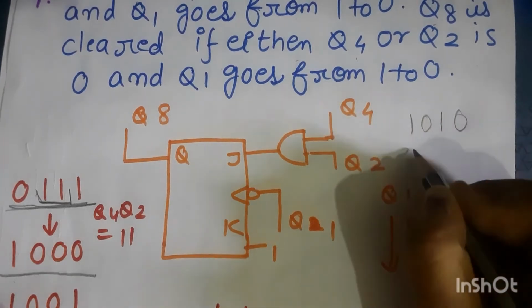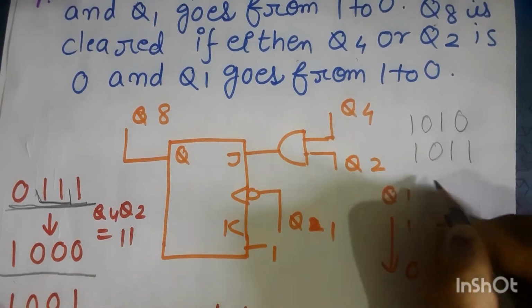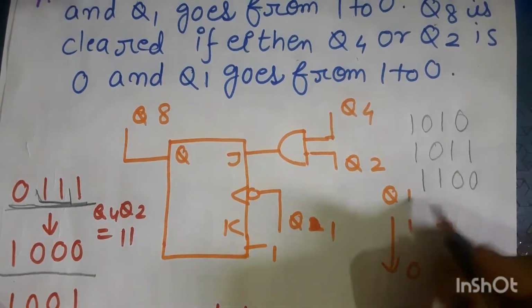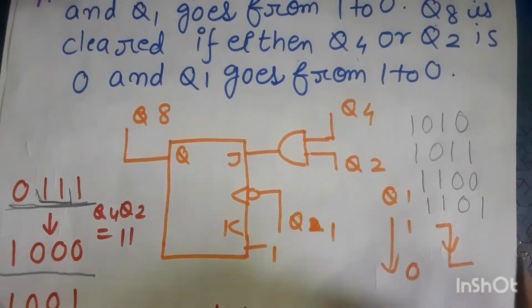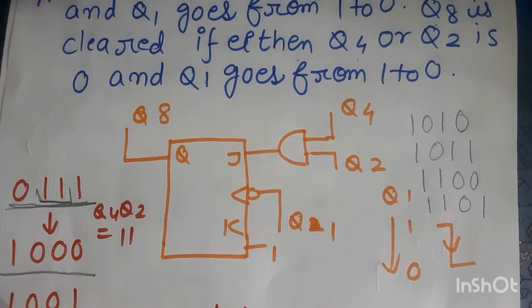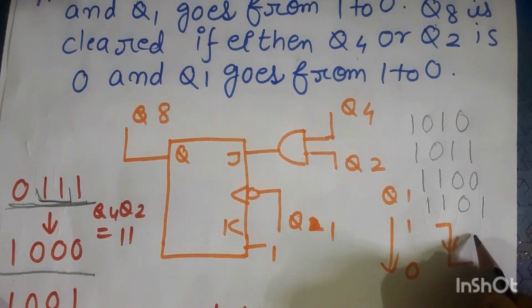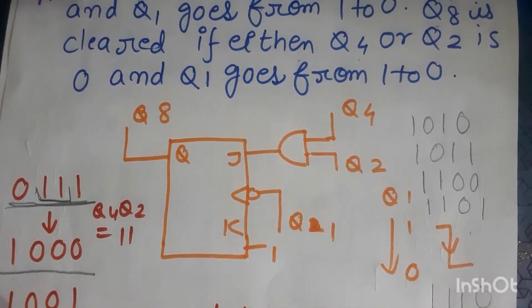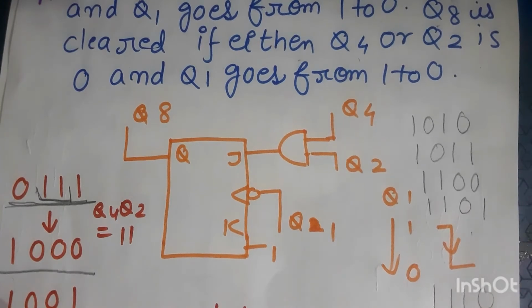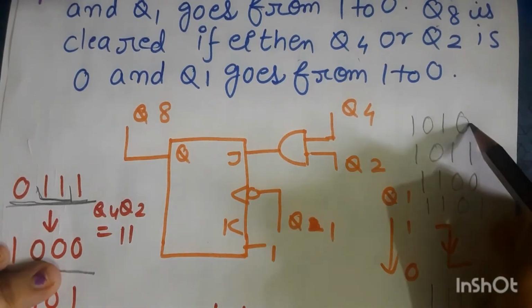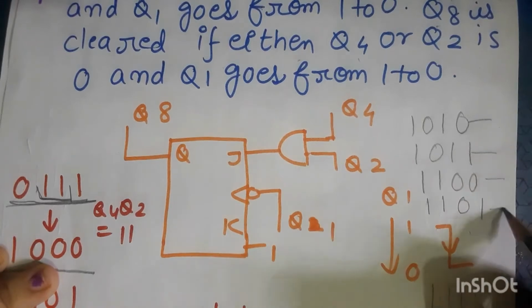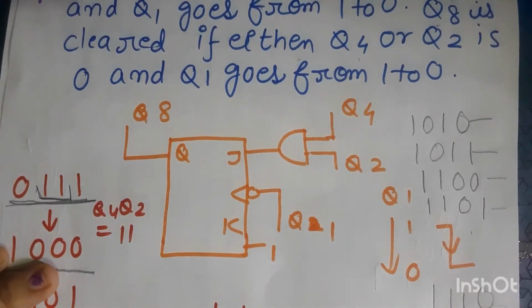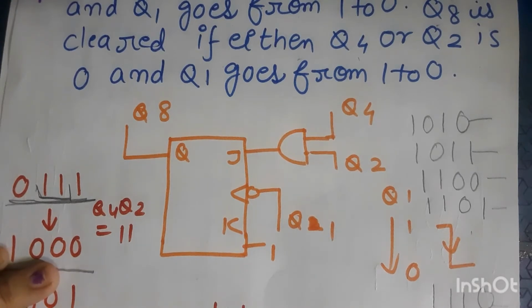That is 1010, 1011, 1100, 1101, then 1110 and 1111. These are 10, 11, 12, 13, 14, 15. These are the 6 conditions which I don't care about for the BCD ripple counter.